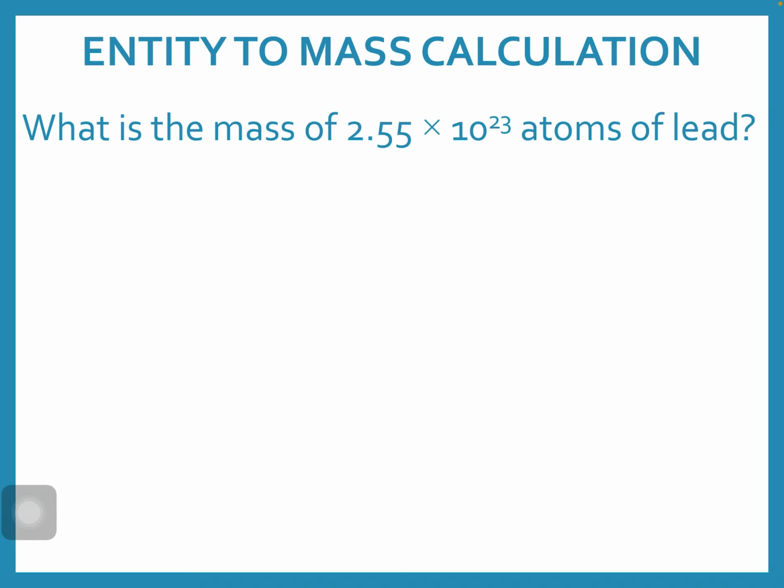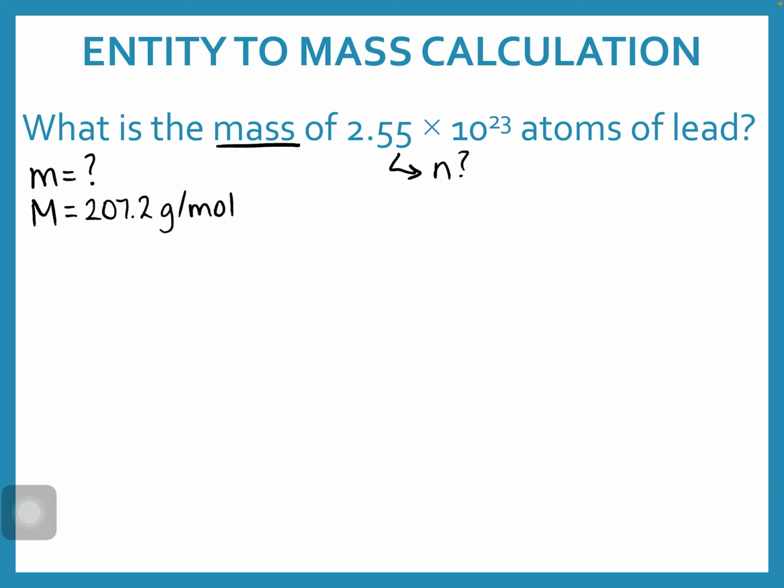What is the mass of 2.55 times 10 to the 23 atoms of lead? I'm looking for mass, and I have a certain number of atoms, which I can convert to a number of moles. Once I have my number of moles, I can look up the molar mass of lead, which is 207.2 grams per mole.